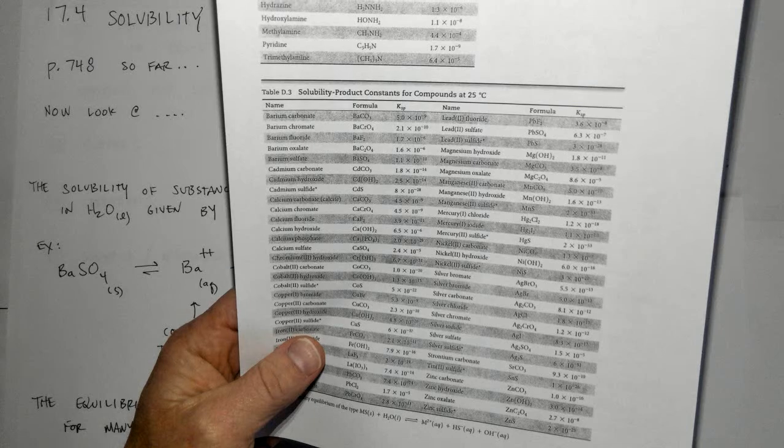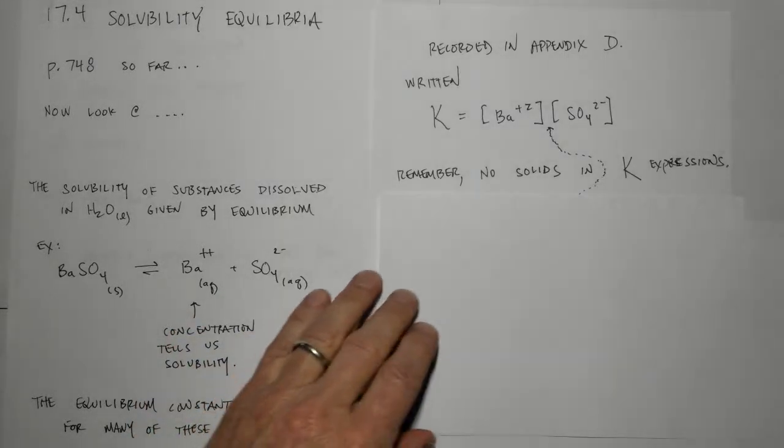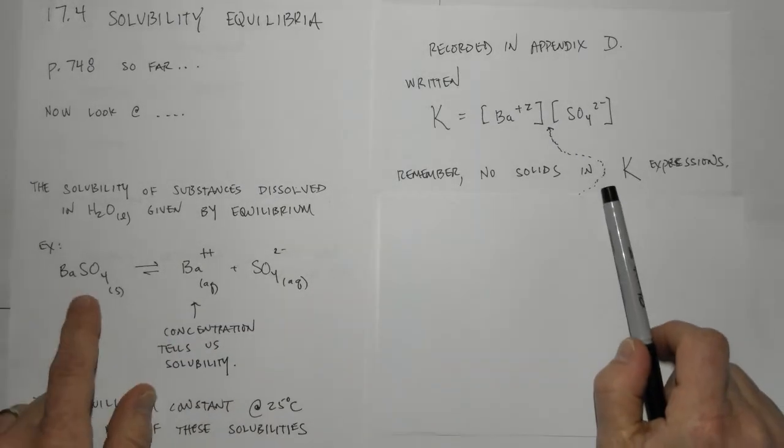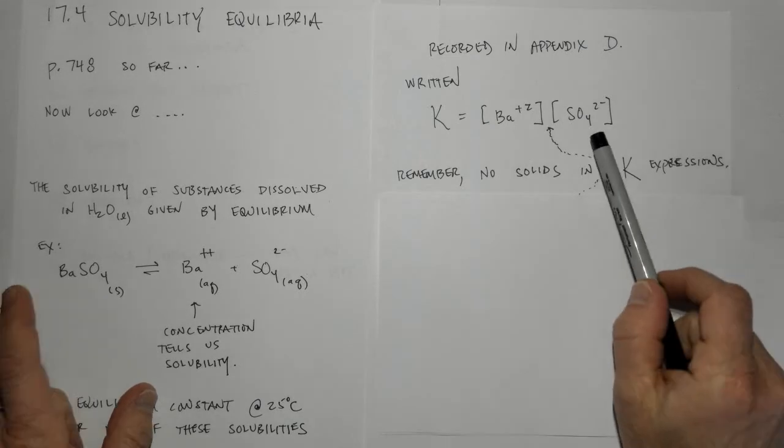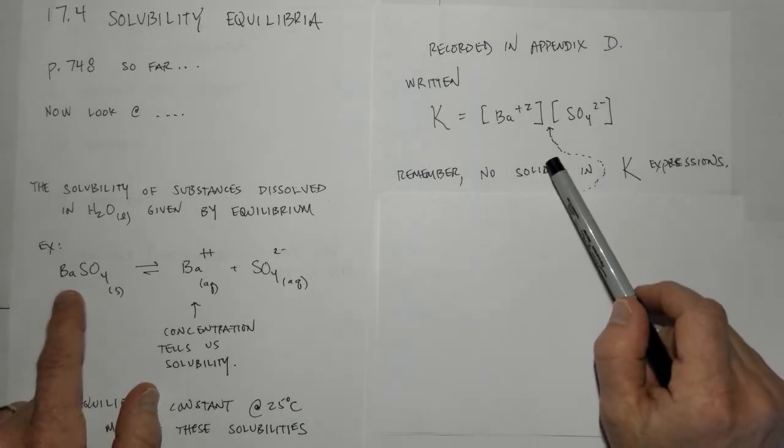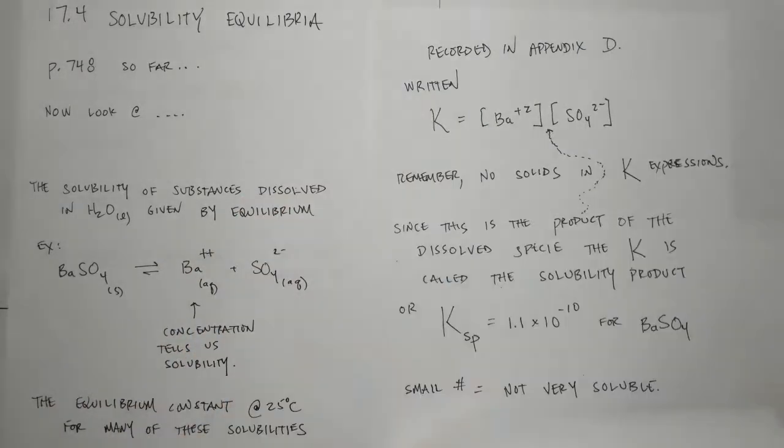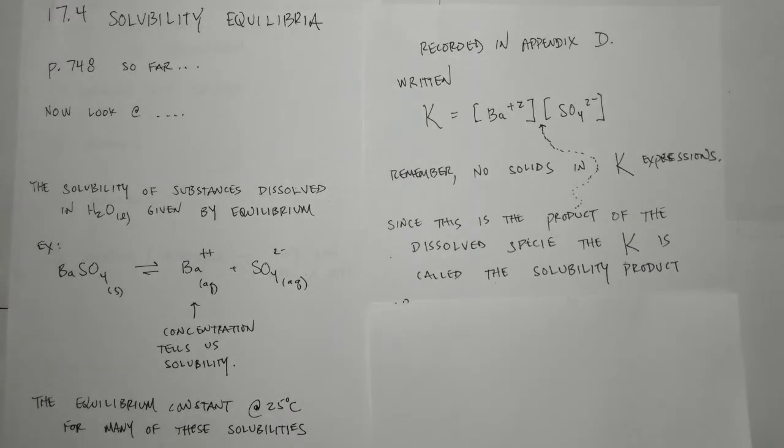KSP stands for solubility products. Remember, no solids can go in an equilibrium constant expression, so I just did products and then divided by 1 because the reactant is a solid. Since this is the product of the dissolved species, the K is called the solubility product. Product meaning multiplied together.